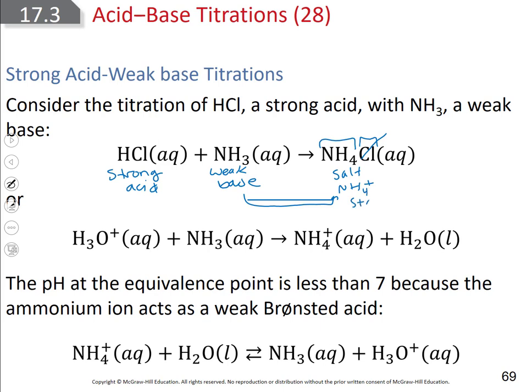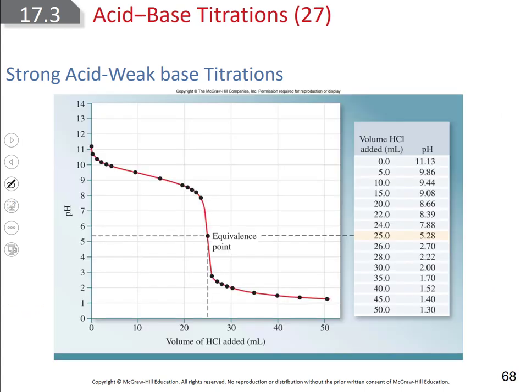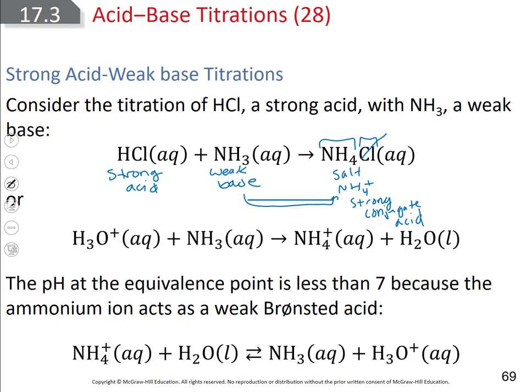Good. Strong conjugate acid. Which makes this a what salt? Acidic, basic, or neutral salt? Acidic. Good, because it contains a strong conjugate acid, which is why at the equivalence point we have a slightly acidic pH, because we have that acidic salt left over.